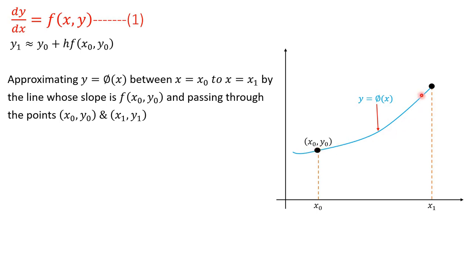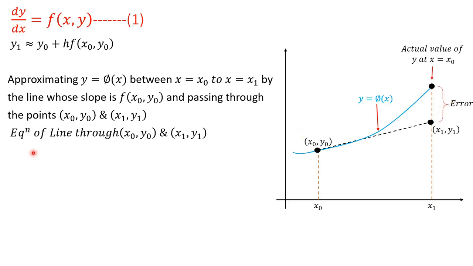That means we are approximating this curve by the tangent line at this point x naught, y naught, and therefore this will give us this value x1, y1. This is our output y1, but the expected actual value of y at x equal to x1 is here. So there is this much error in this calculation.